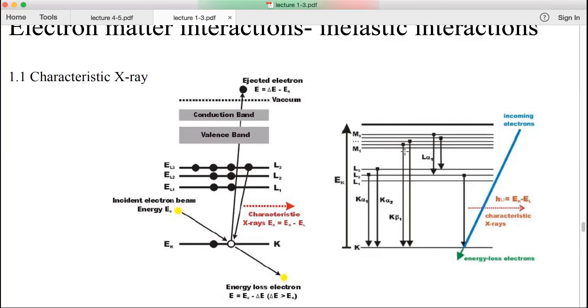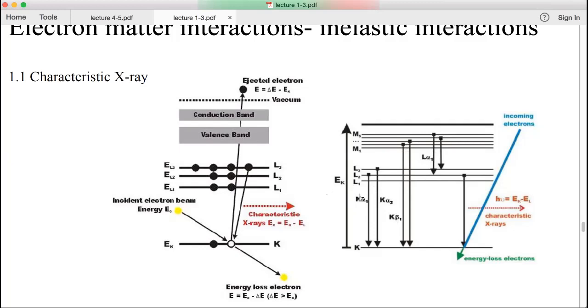Or if they are coming from the next immediate one, that is going to be beta. Now imagine your vacancy is somewhere here in the L shell and it is filled by M shell. Then what happened? That is going to be L alpha 1, L alpha 2 likewise.